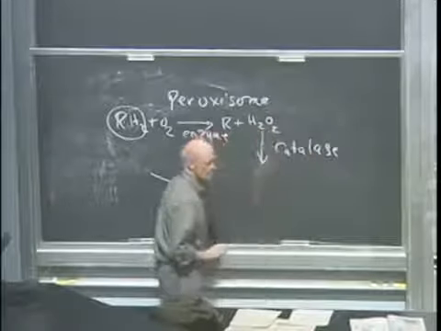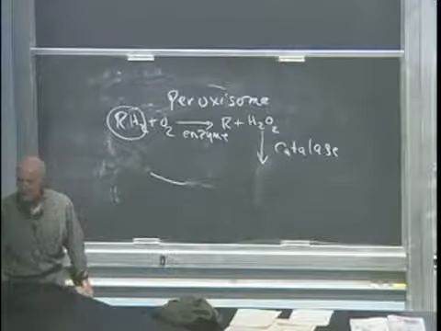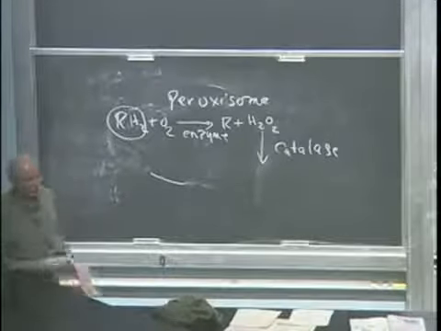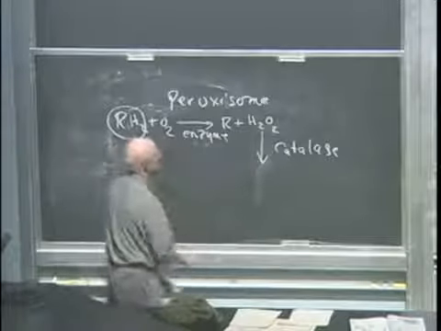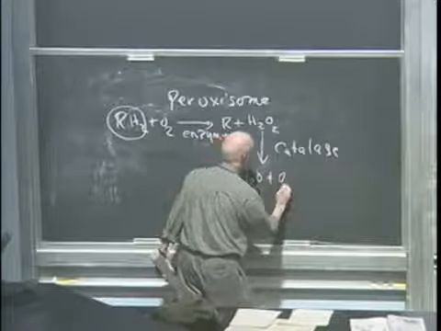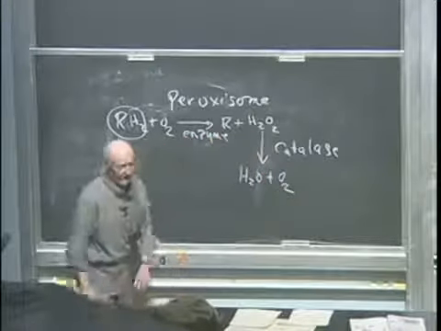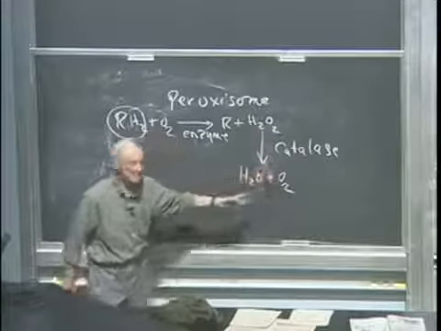Its function is to break down hydrogen peroxide. Hydrogen peroxide is bad because it's a very strong oxidizing agent. Very, very strong. It will oxidize biological membranes. It can do all kinds of damage. So what this enzyme does is it just makes water and oxygen. Okay? It breaks it down very, very efficiently. It's a very good enzyme.